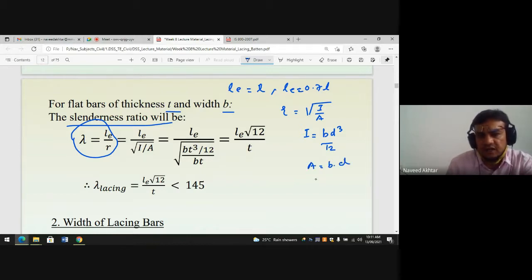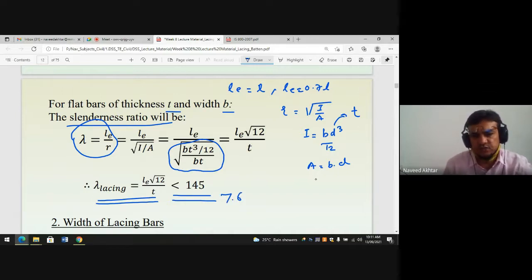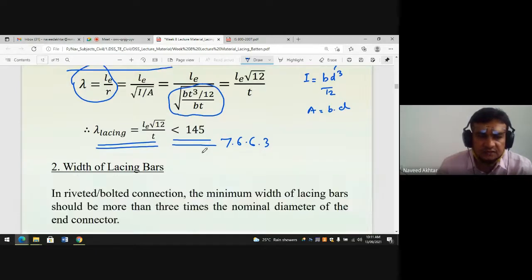Here d is nothing but your thickness, we are taking t. So I upon A is equal to b t cubed by 12 divided by b t. So Le upon t by root 12 is the slenderness ratio for the lacing system, and this value should be less than 145 as given in clause number 7.6.6.3, the limiting value of slenderness ratio of the lacing bar.